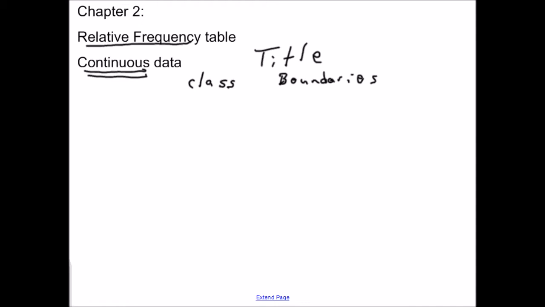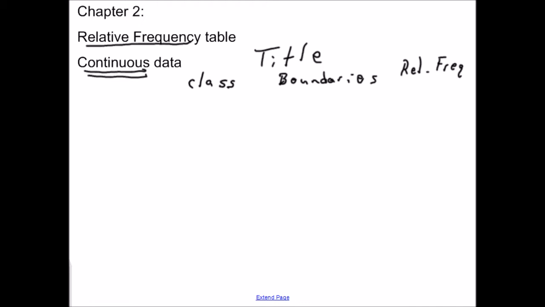You could have a tally column, but we're going to be looking at a way to get around that column, and then a relative frequency rather than frequency. But I'll point out as we're doing that the subtle difference between those two things, so that if you can do one, you can do the other one.